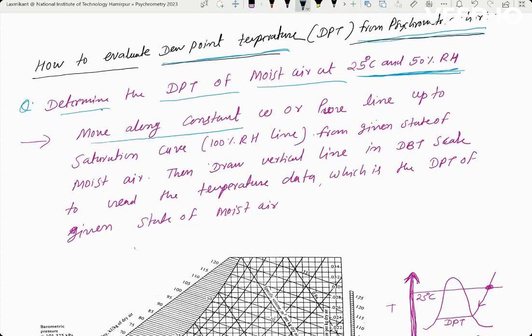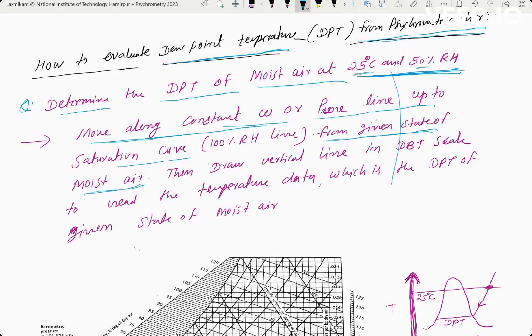So how do we determine the dew point temperature? Move along the constant humidity or vapor pressure line up to the saturation curve from a given state of moist air. First we will denote this 25 degrees Celsius and 50% RH on the psychrometric chart.